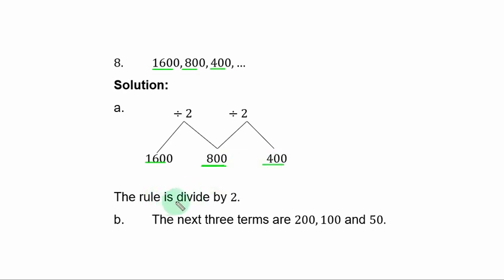So the rule is divide by 2. B part, the next 3 terms are 200. You divide 400 by 2, you have 200. You divide 200 by 2, you have 150 as the next 3 terms, following the rule of dividing by 2.